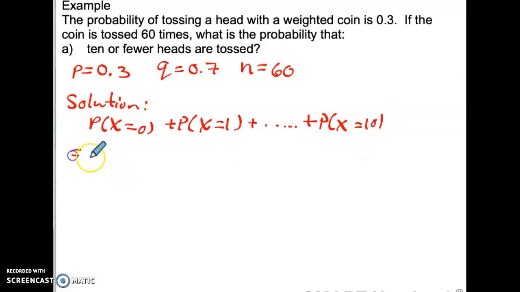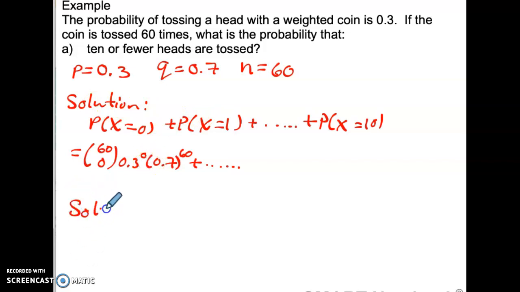And then you would have to actually work that out. So for x equals 0, you would do 60 trials, choose 0, probability of success to the power of 0, probability of failure to the power of 60, and you would keep going and do that the 11 times. That's one way of doing it.